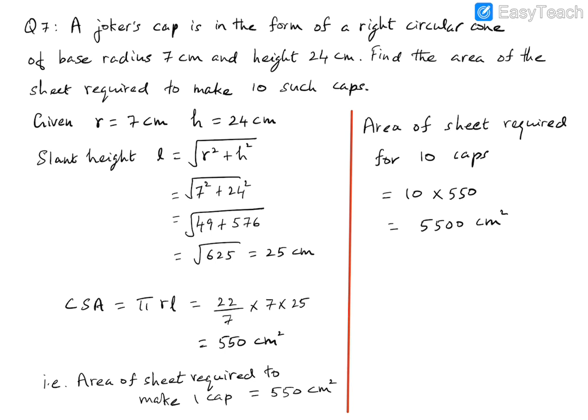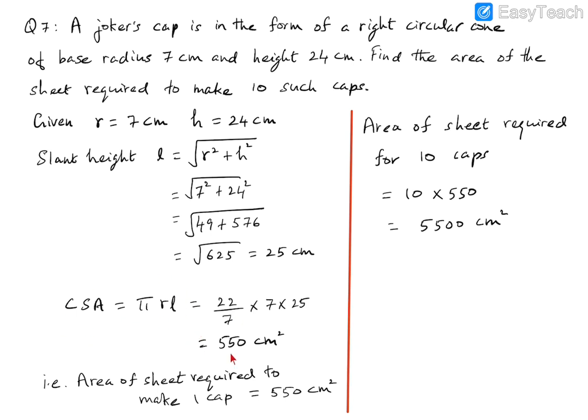Okay, so basically when you're given the dimensions of a single cap and we're asked to find the area of the sheet to make multiple such caps, we'll just find the area for a single cap, that is the curved surface area in this case.